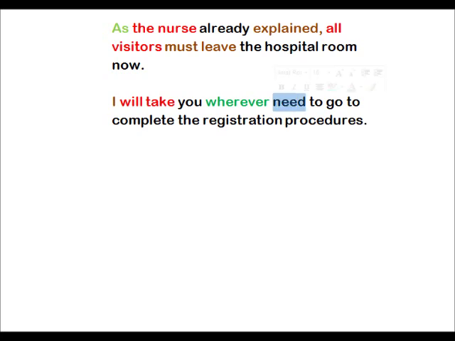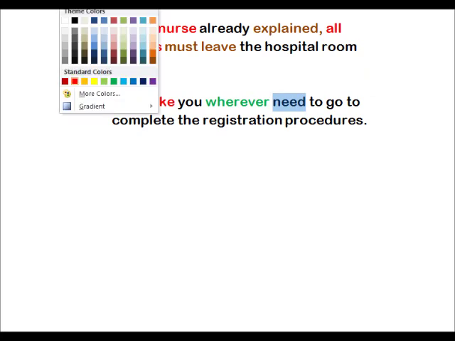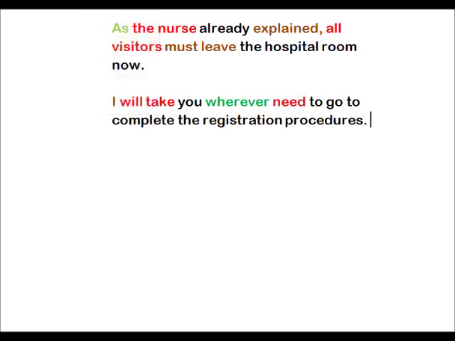We only have a verb. Only a verb. Where is the subject? It's not there, which makes the sentence completely incorrect. And in order to make it correct, we say, I will take you wherever you need to go to complete the registration procedures.